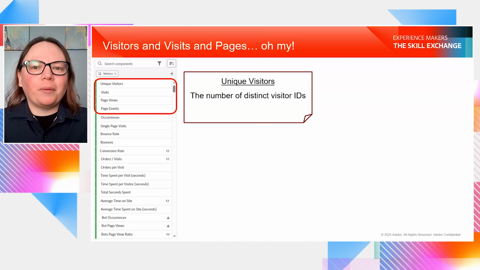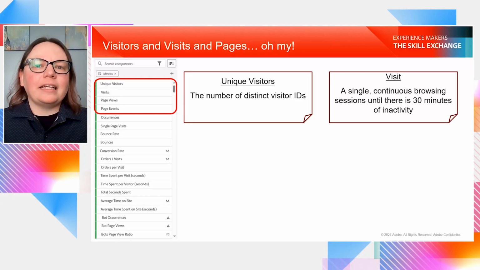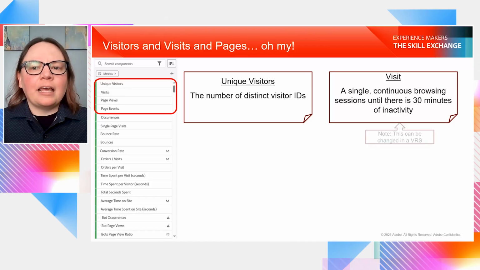These metrics you've probably used every day, but there are some distinctions that are very important. First, unique visitors is the number of distinct visitor IDs that have visited your site. A visit, on the other hand, is a single continuous browsing session until there's 30 minutes of inactivity. This is the standard definition of when a visit ends, but this can be altered using a VRS or a virtual report suite.